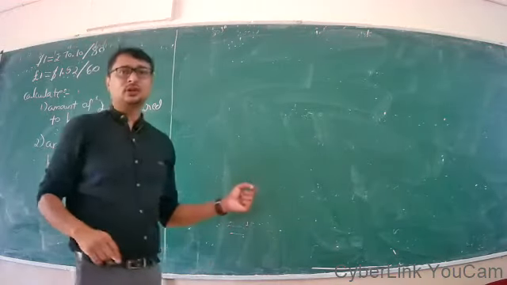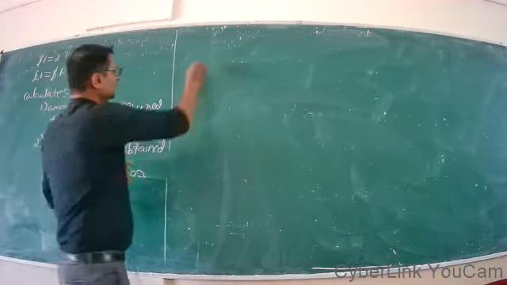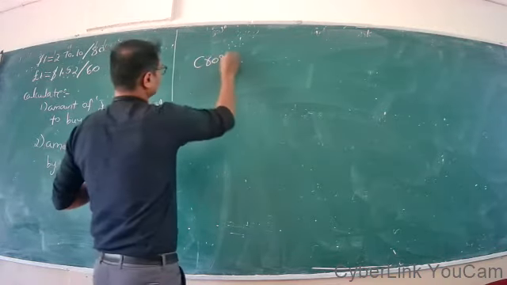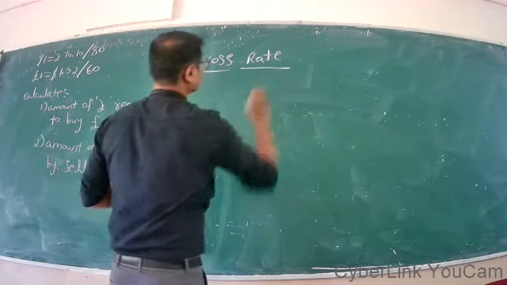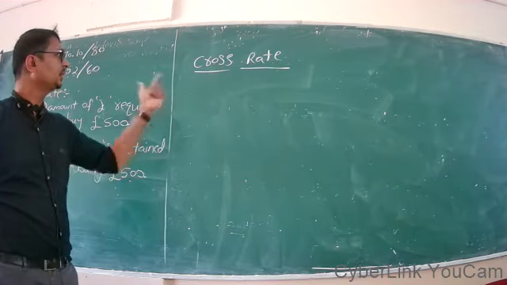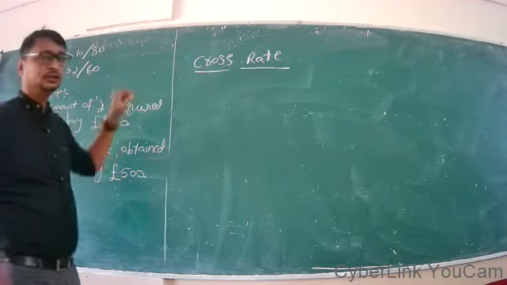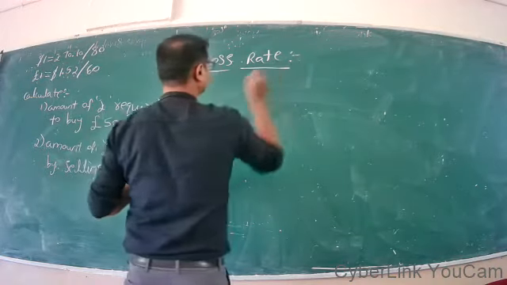The next topic we are going to discuss from today is cross rate. Very important, my dear students. Even for 2 marks, they may ask the definition of cross rate.